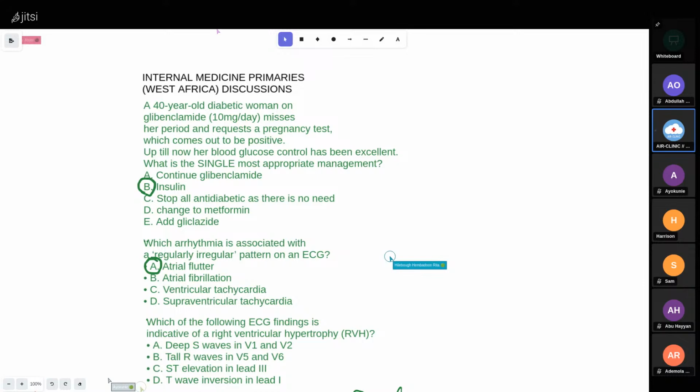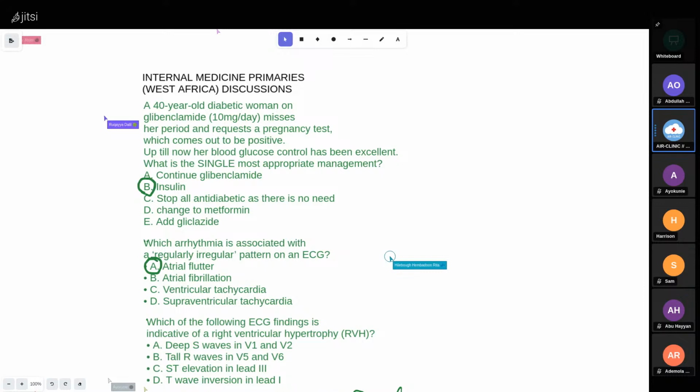So for right ventricular hypertrophy, you consider the S wave in V1 or 2. Okay, so if it's more than, I think, 10 millimeters, okay, or you do S over, there's a ratio anyway that you have to do.